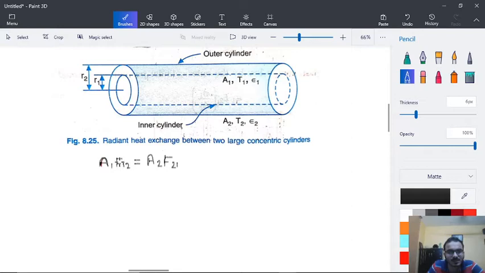Now, as we have seen that all the radiant energy emitted by surface 1, that is inner cylinder, will be received by the outer cylinder, so F12 will be 1. So A1 is equal to A2 F21. So here F21 is equal to A1 upon A2.